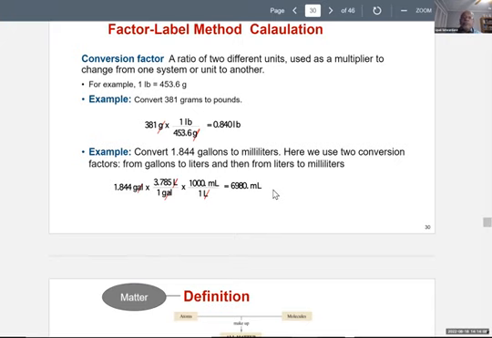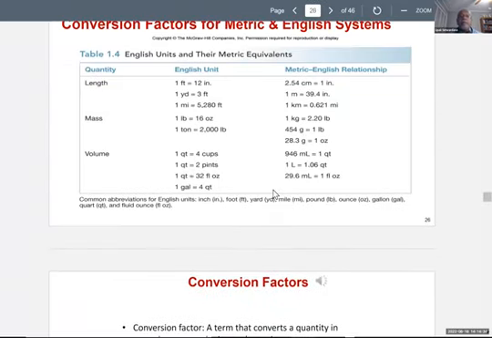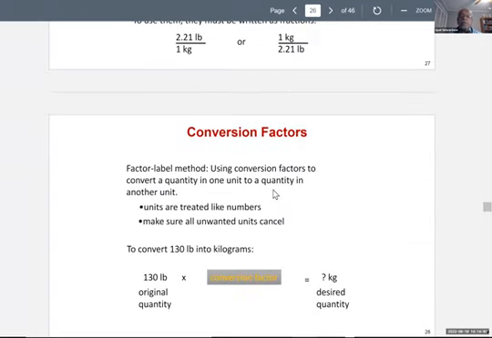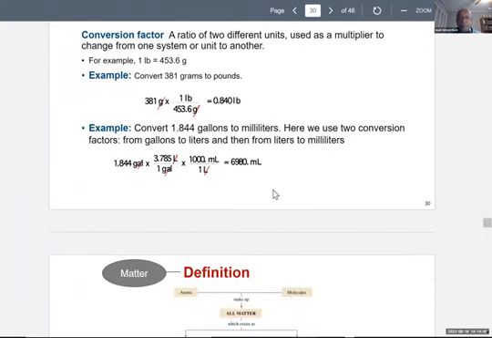You can use more than one conversion factor in a row. First, this conversion, gallons to liters, then you calculate the milliliters. Then you use a second conversion factor: 1 milliliter is equal to 1 liter. If you look at the table, they don't give the prefixes in the units. What is a milliliter?